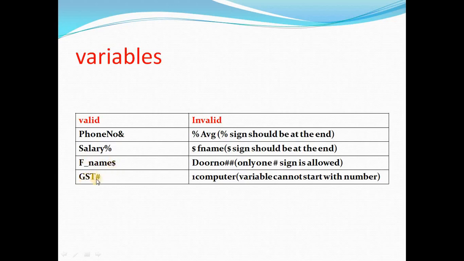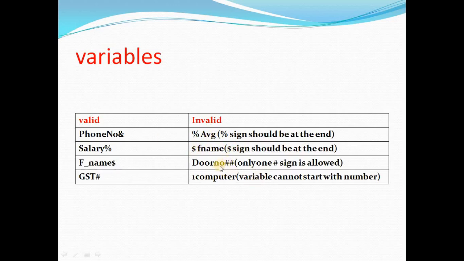GST with a hash, like this you can use the special symbols. And in the invalid ones, what is wrong? The percentage sign should be at the end, not at the beginning of the variable name. Got it? Here also the $ sign should be at the end, not at the beginning. Got it?